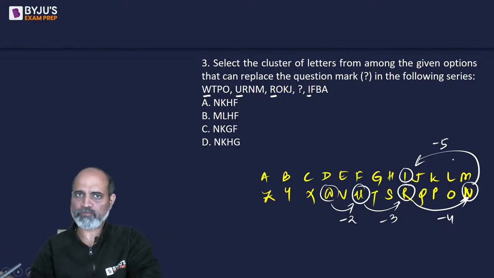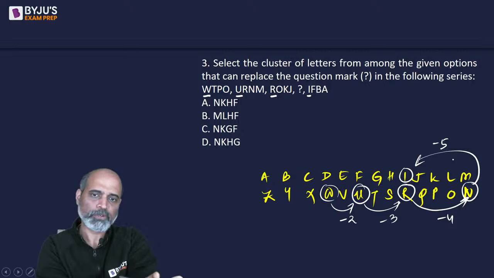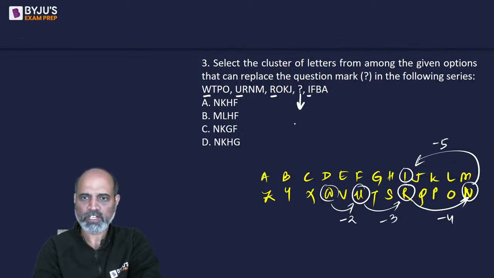Opposite चलेंगे तो 5 more, 4 more, 3 more, 2 more, 1 more. So that's how the pattern is. So this question mark definitely should start with N. So B gaya. Now from all the options, if we figure out the last one, तो वो चलेगा, right?